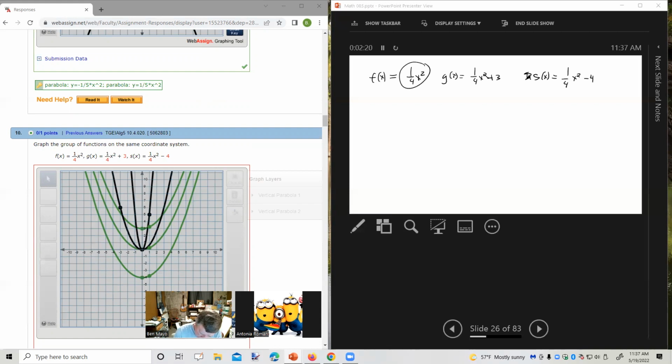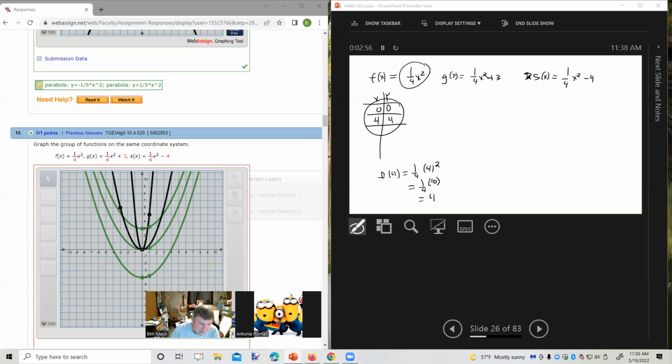For that one, the vertex would be at 0, 0. Are you okay with that? Yes. Let's pick another value. How about if we let x equal 4? If x is 4, then f of 4 would be 1/4 times 4 squared, which is 1/4 times 16, which is 4.